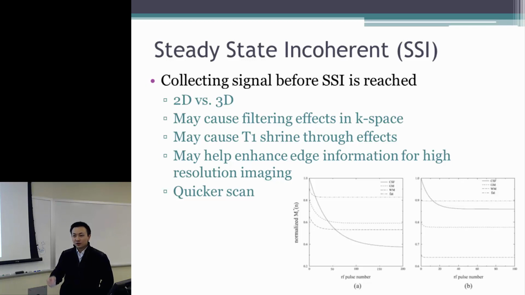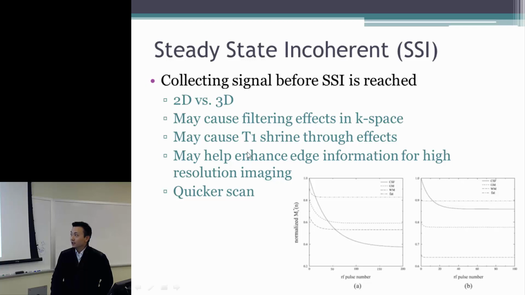So only a small fraction of the phase encoding lines in the whole K-space is in this unsteady state. So the effect of this unsteady signal would have very different portions in 2D or 3D space. So we need to take that into consideration.